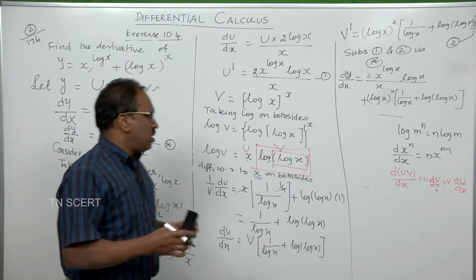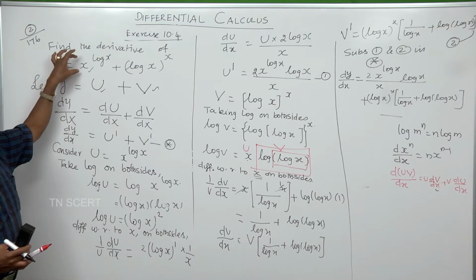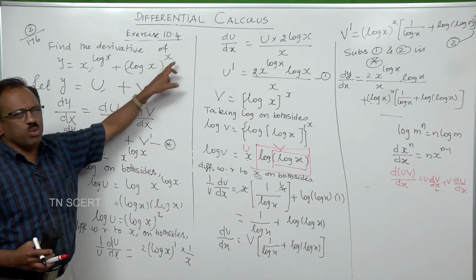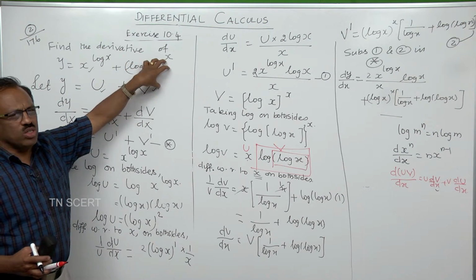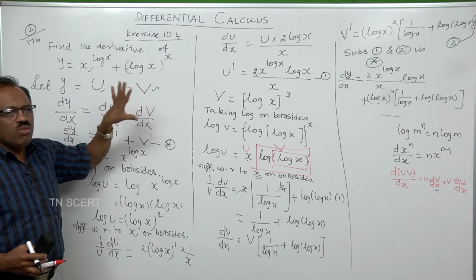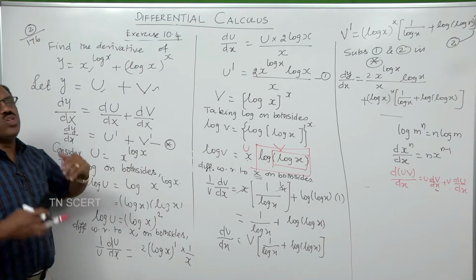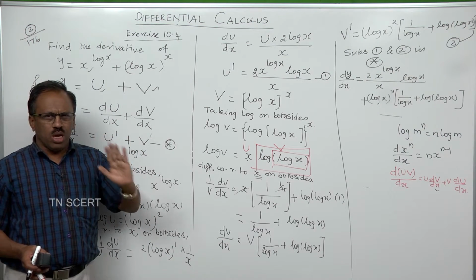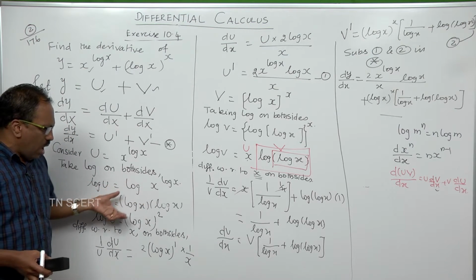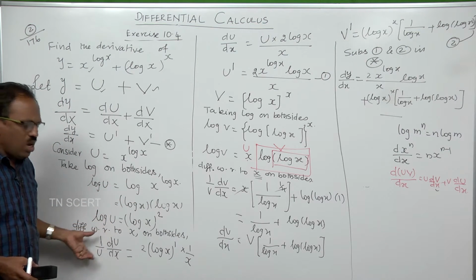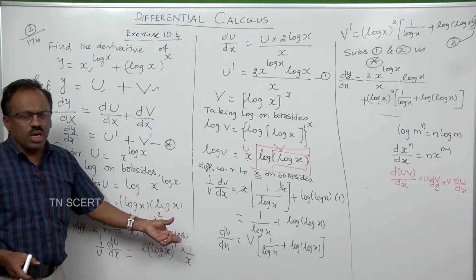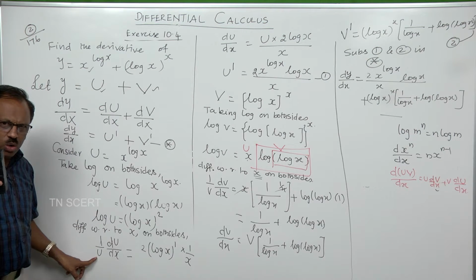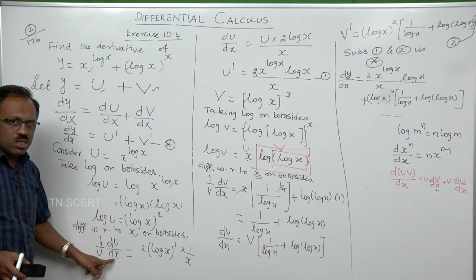A recap, just a minute. y involves two functions, y is equal to x power log x plus log x power x. So u and v are two functions, and each involves function of functions. Since the power term involves x, remember you take log. We apply log, find the value, and differentiate with respect to x on both sides. Remember on the left hand side, as and when you do 1 by u, you definitely write du by dx. Majority of you forgot to write this step.